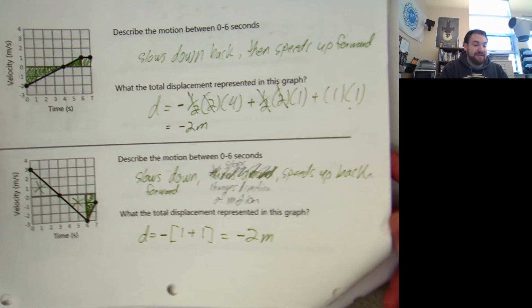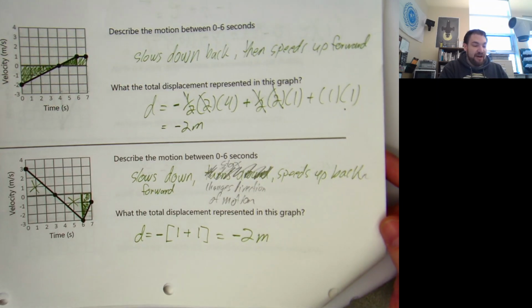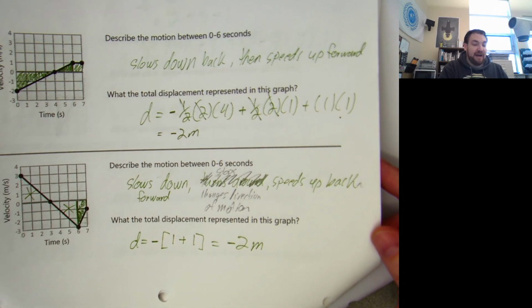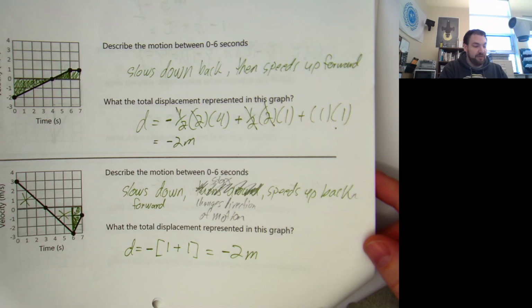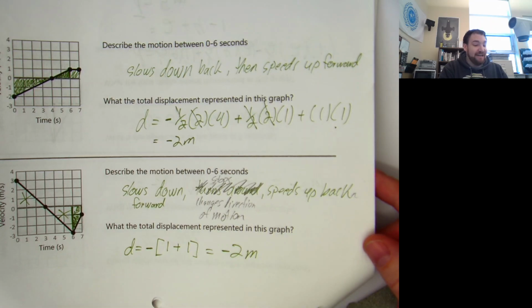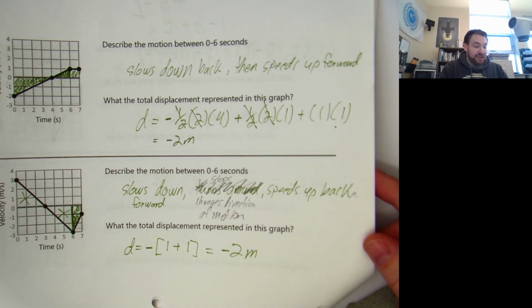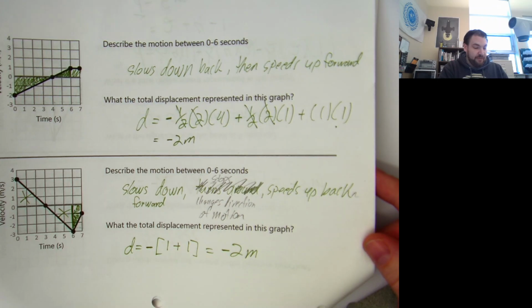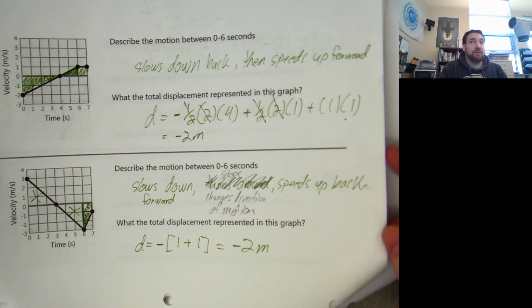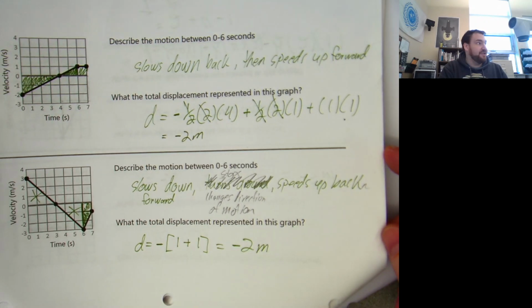This one slows down as it moves backward, then speeds up forward. -2, slows down forward, changes direction, speeds up backwards. -2. Questions, comments, concerns on any of these?